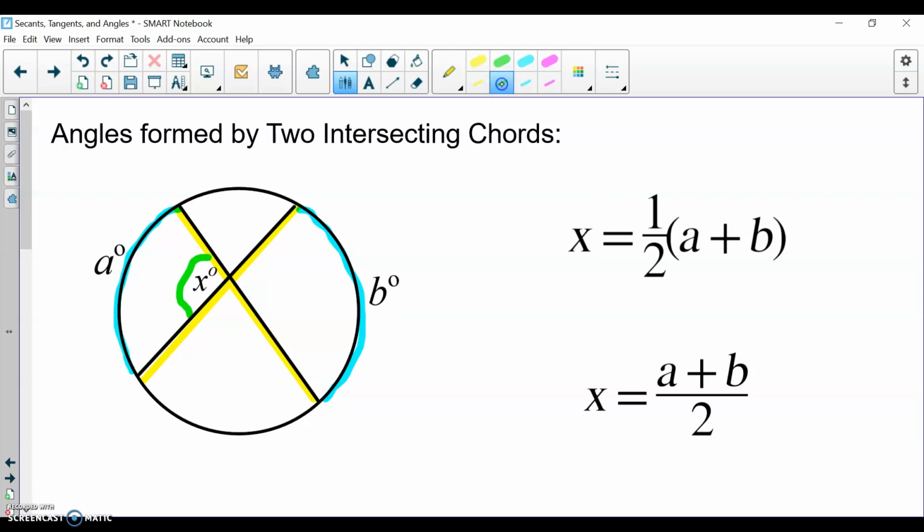So for X, one way to represent it is that we're going to do 1/2 times A plus B, right, where we're taking the sum. That is the exact same thing as the sum of A and B divided by 2. I usually use the second formula. I just think it's easier to divide by 2 than working with fractions, 1/2 the other.